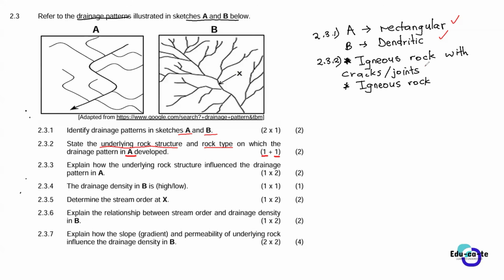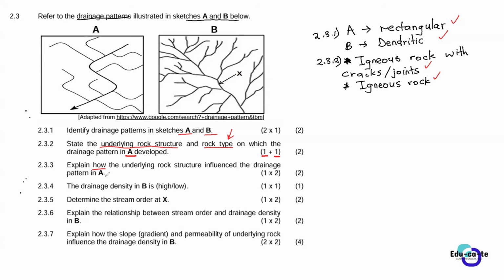It's igneous rock with cracks and joints, and also state the type of the rock. It's igneous rock. Okay, it might seem a bit foolish to write the same thing over and over again. Try your best, guys. Geography is easy to pass if you know how to answer the questions, not just understanding the theory alone. Okay, 2.3.3. Explain how the underlying rock structure influenced the drainage pattern in A.